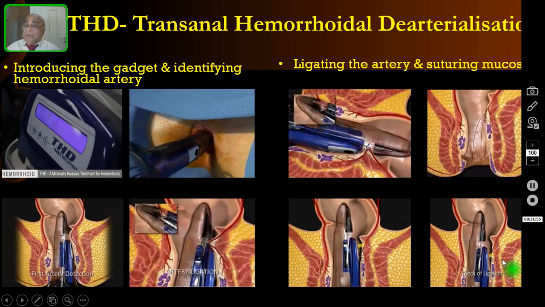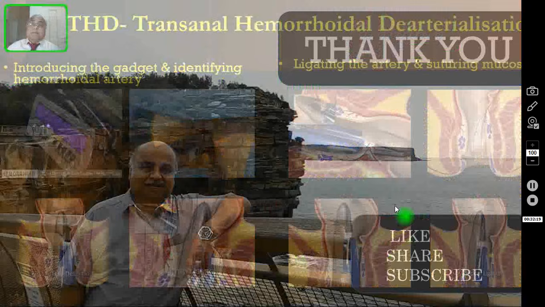Now if you send the beam, there won't be any audio signal because you have already ligated that artery. The supplying artery to this hemorrhoidal plexus we have ligated. You have to confirm that by doing the Doppler probe proximal as well as distal to this ligature.